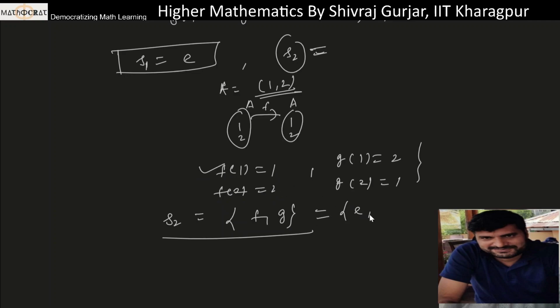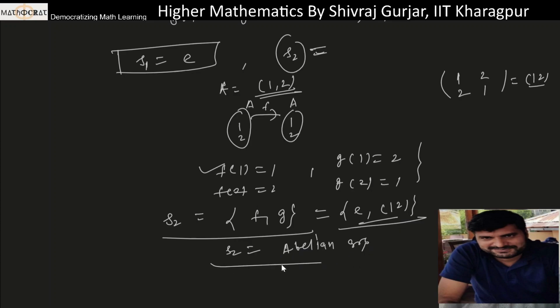So this F is nothing but the identity element which we denote by e, and this G is 1 going to 2 and 2 going to 1. This can be written as (1 2) in cyclic notation, which I will also discuss shortly. So these are the only two elements in S2. Because one element is the identity and identity commutes with every other element, these will be commutative. So S2 is commutative, basically an abelian group.